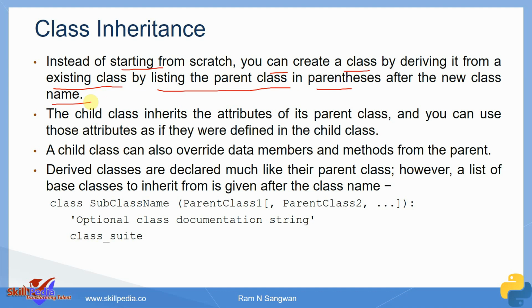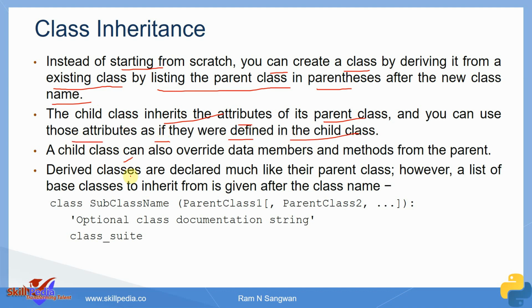So whatever common characteristics there are, they will be for employee, and any specific thing for manager will be specific to manager. So the child class inherits the attributes of its parent class, and you can use those attributes as if they were defined in the child class.